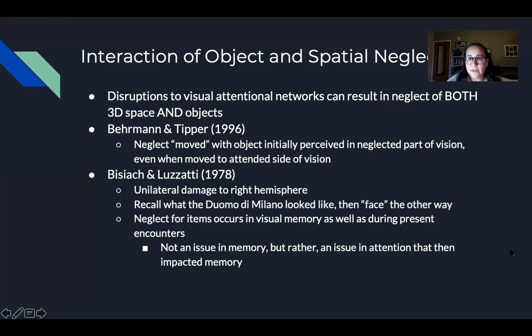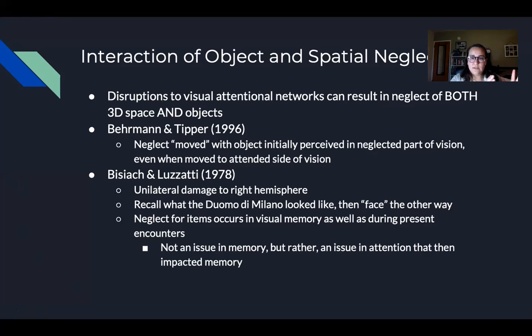And then finally, we have cases of people who have neglect of both objects and space happening simultaneously. There's a study by Behrmann and Tipper that found that the neglect of an object followed that object even when it was moved to the side of the vision that somebody usually sees.